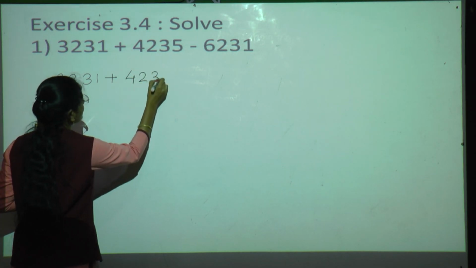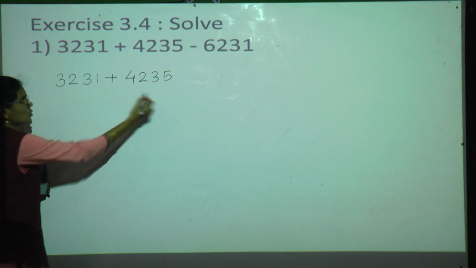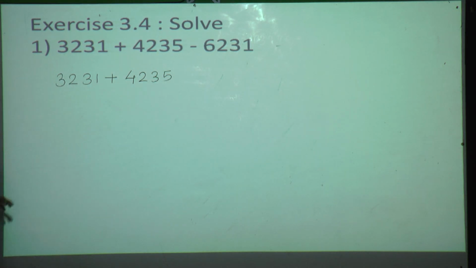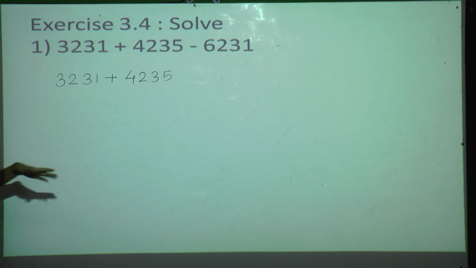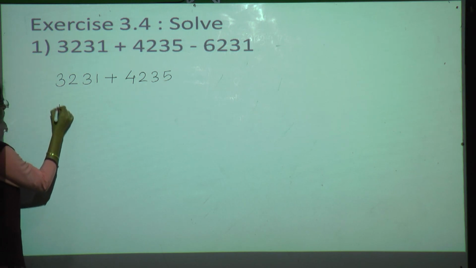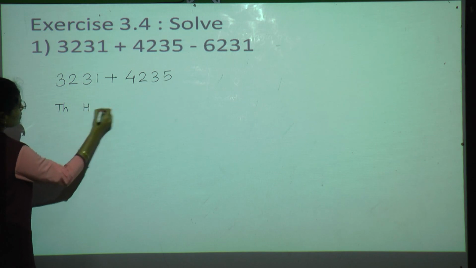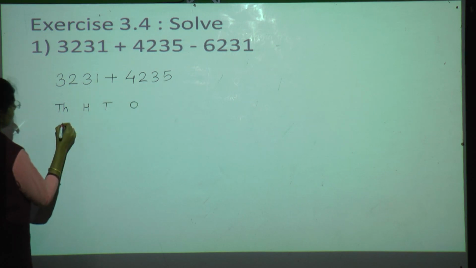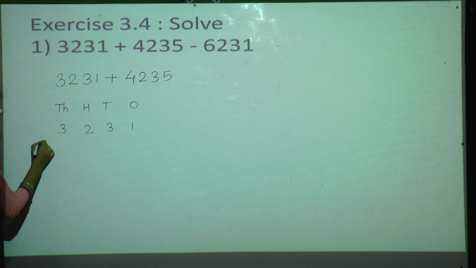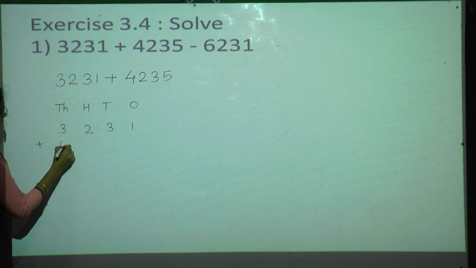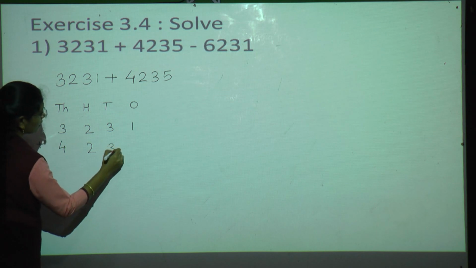Then first of all we will do the addition of these two numbers. First we will write these numbers vertically. All are 4-digit numbers. 3231 plus the second number, 4235.